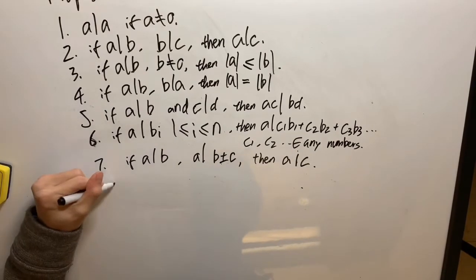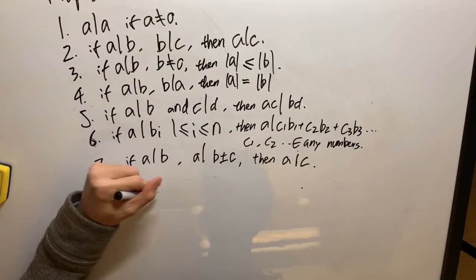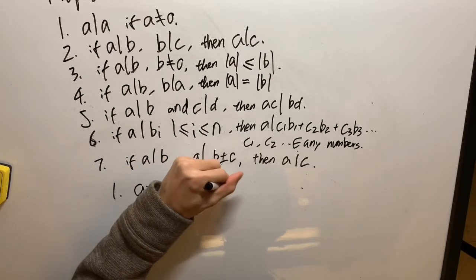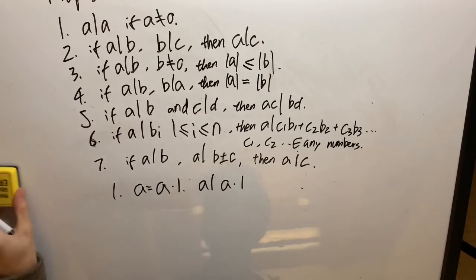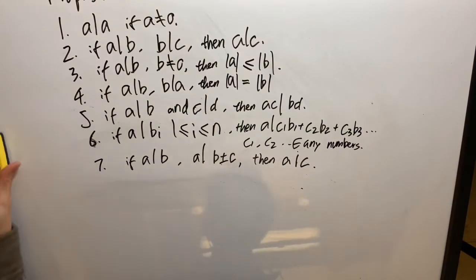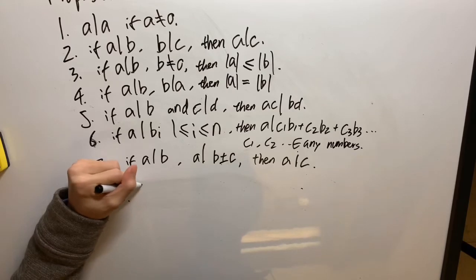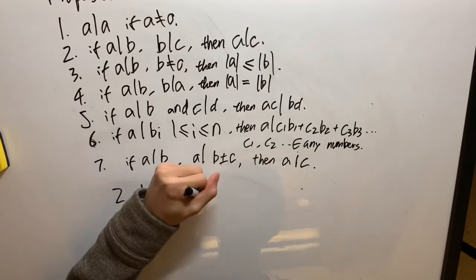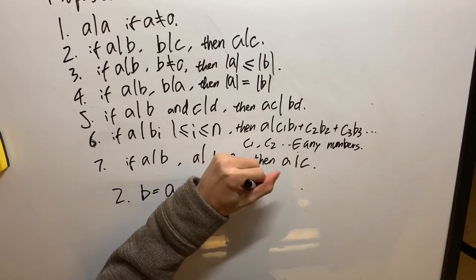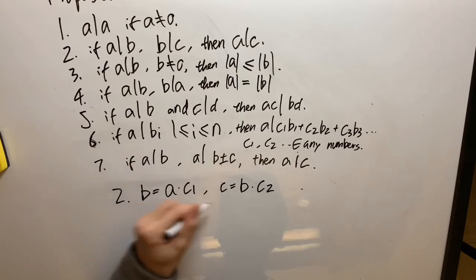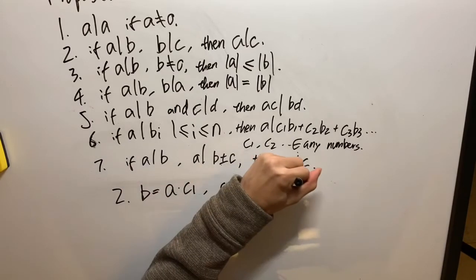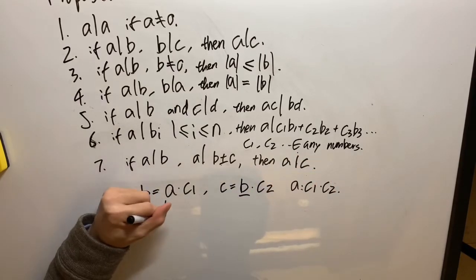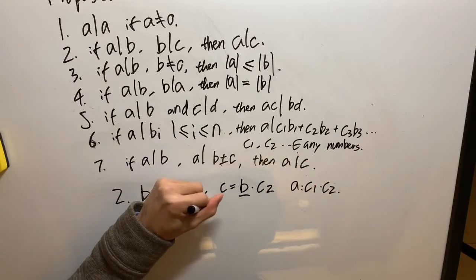Okay, the first proof is pretty easy because a equals a times 1. So a divides a times 1. For the second one, let's say that b equals a times c1 and c equals b times c2, and you can substitute b as a times c1 times c2, so a divides a times c1 times c2.